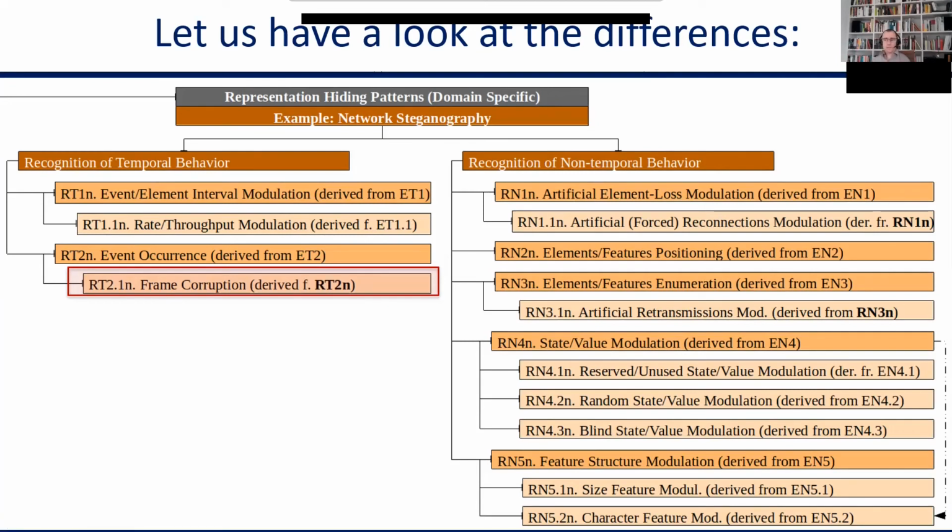So it's a pattern for the network context. And this is why we add an N here in the end. We have 2 more, the artificial forced reconnections modulation. So the artificial loss here is a network connection, and we force a reconnect. And the same goes for artificial retransmissions, also specific here for the network context.